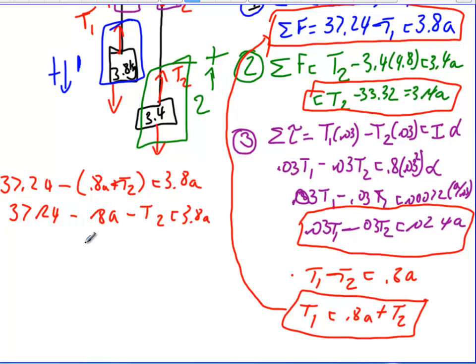Okay? Add over my 0.8A and also my 37.24, so 37, well, we'll get there, 37.24 minus T2 equals 4.6 times A.